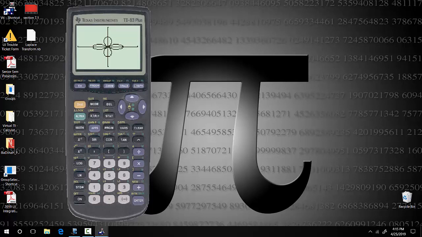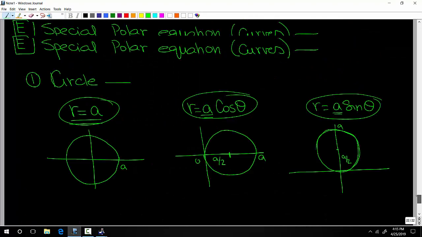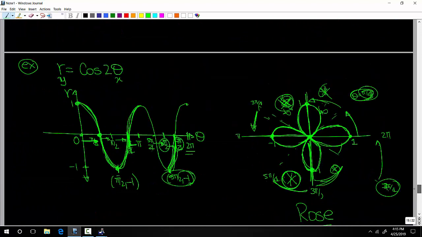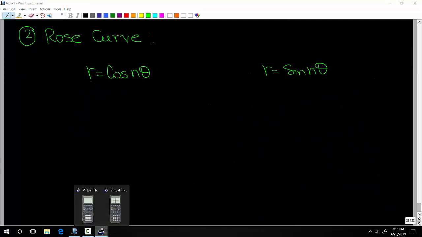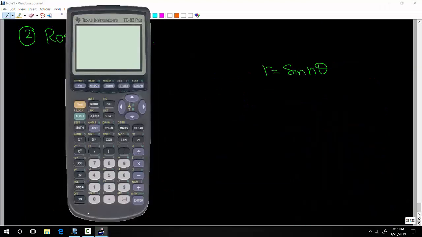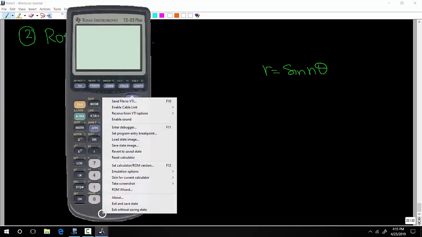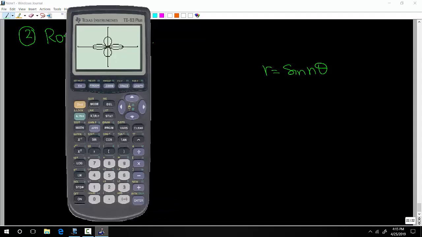That looks exactly like what we had when we graphed that rose earlier, right? Cosine of 2 theta, that's what we had. You notice when n was 2, we got 4 petals. Let's see what happens to this graph if I change the 2 to a 3.